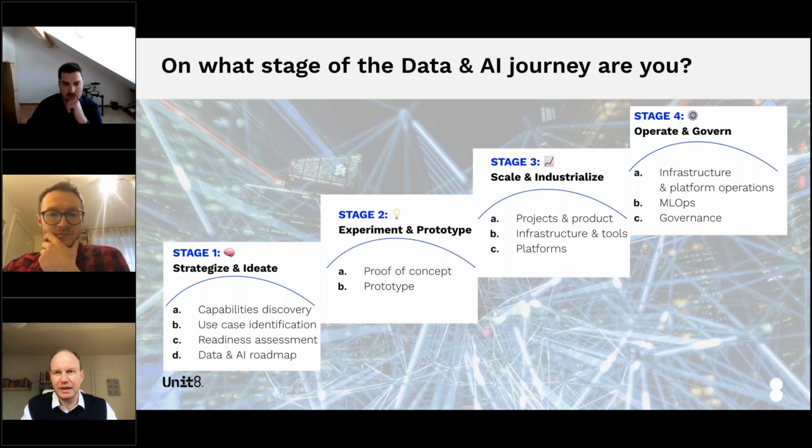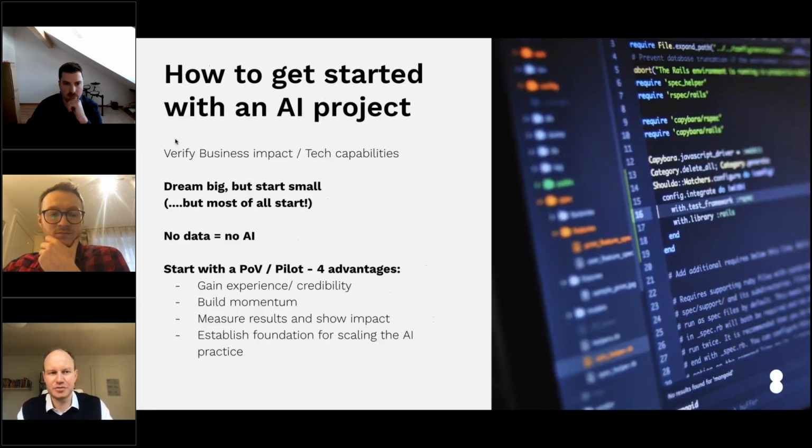I would now like to zoom in a bit on stage one, when it's really about getting started with your initial AI projects. We think it's important that you dream big and have that big vision. That's perfectly fine. But in order to get the ball rolling, it's important to start.